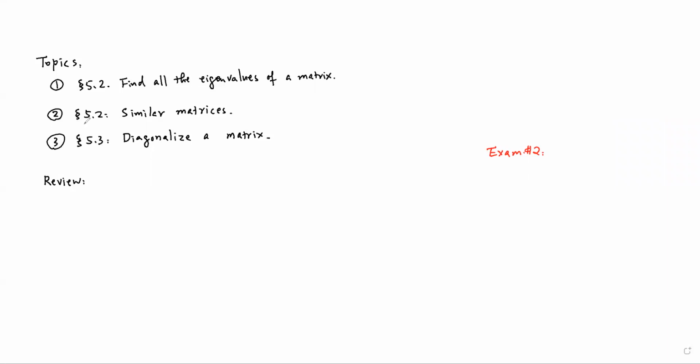These are the topics for today's class. Before I present the topics, let me show you some statistics about exam 2. How many people participated in exam 2?